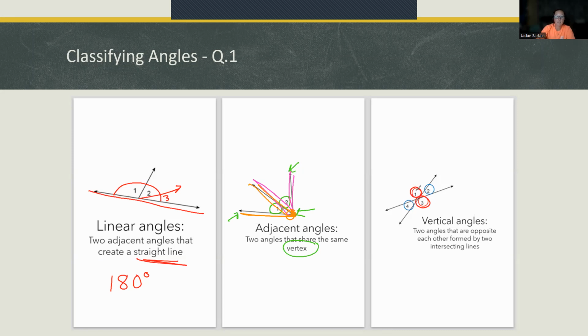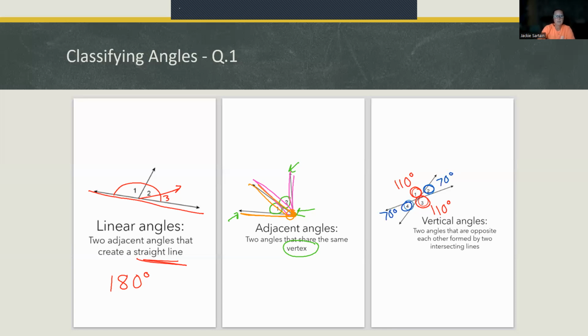If I have a value of 1 as, let's say, 130 degrees, the value of 3 is also going to be 130 degrees, because vertical angles are congruent to each other, having the same value. Likewise, 2 and 4 are opposite of each other and would be congruent as well. So here would be 70 and here would be 70.